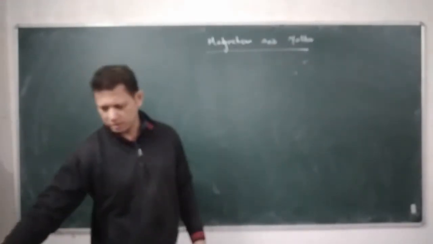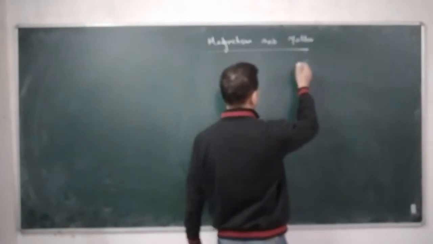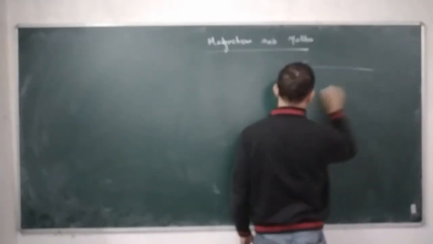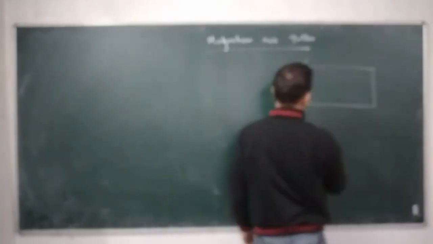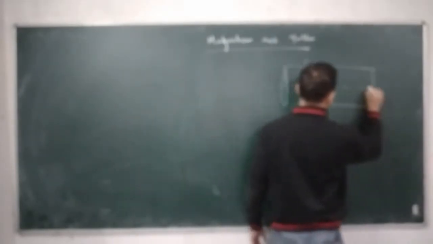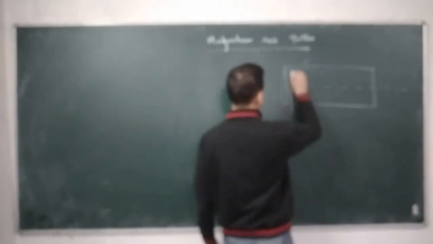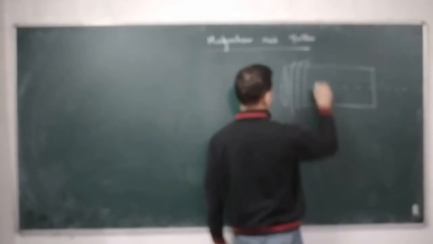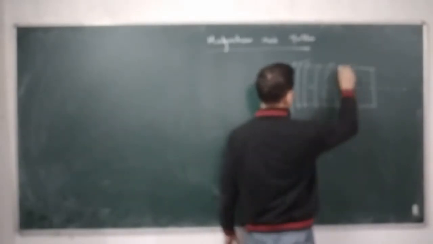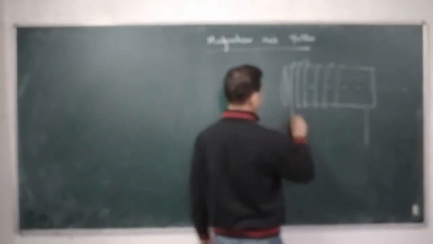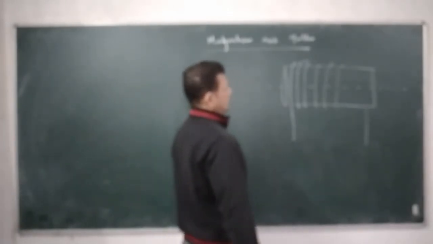Let me first draw a solenoid. Let us consider this to be a solenoid, and let this be the axis of the solenoid. This solenoid has a number of turns, like this.